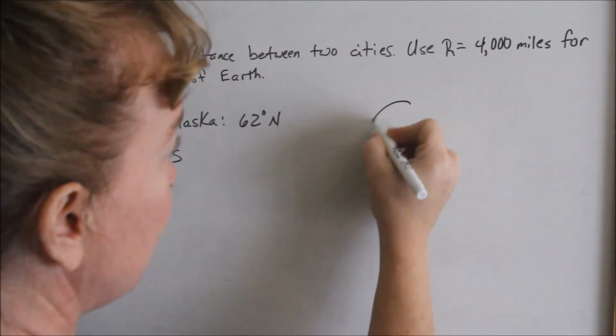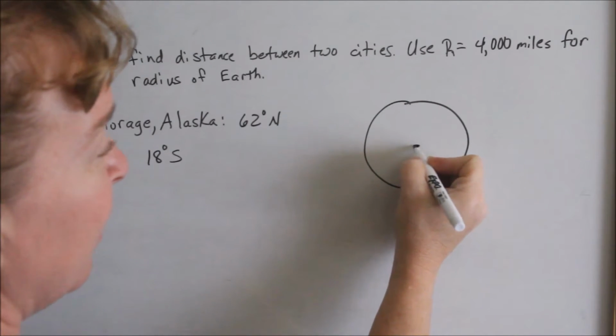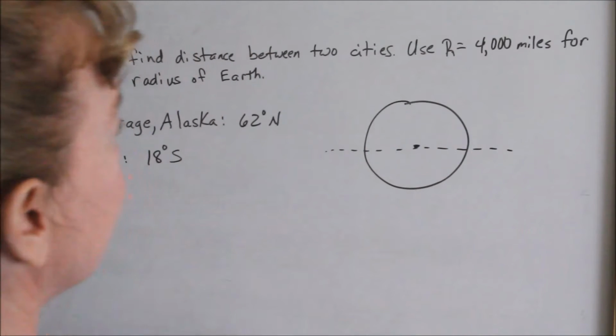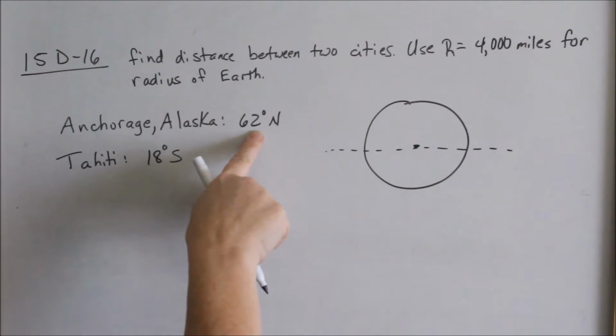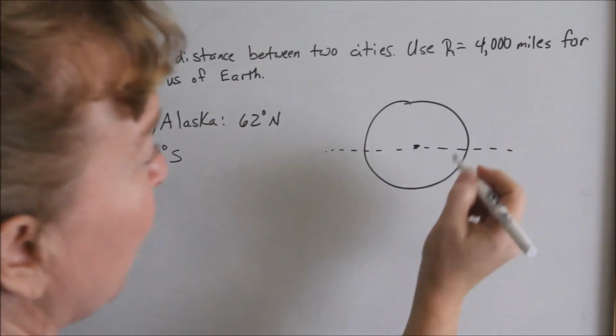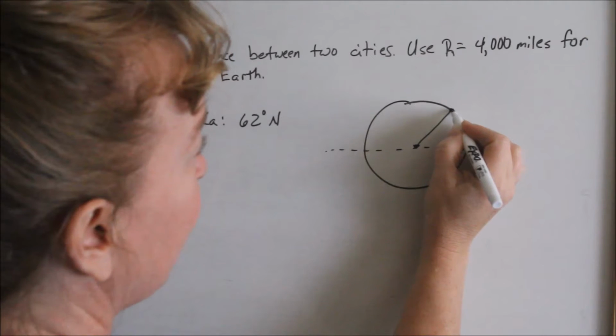So let's just draw a 2D picture of the globe. So this center line here is like the equator. So we're told that Anchorage, Alaska is 62 degrees north of the equator. So we'll make that, we're just estimating that.